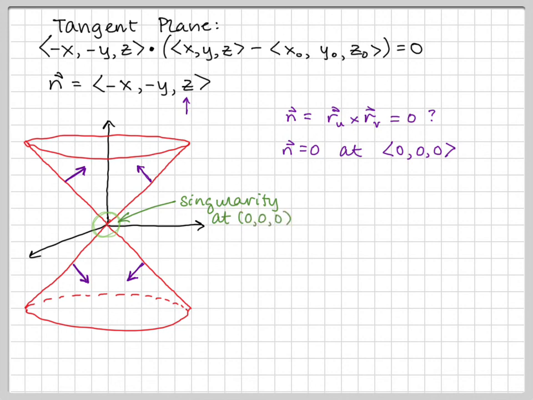What's happening is the surface at this point 0, 0, 0 does not have a well-defined tangent plane. So the surface near or at the origin, we say it cannot be well approximated by a single tangent plane.